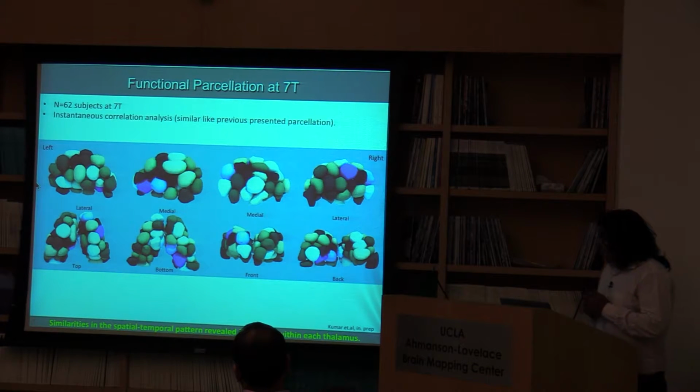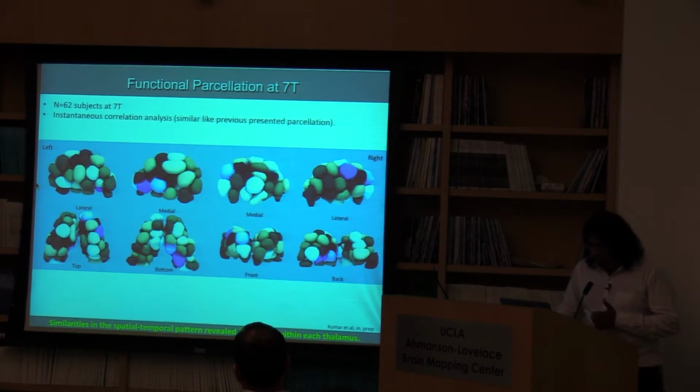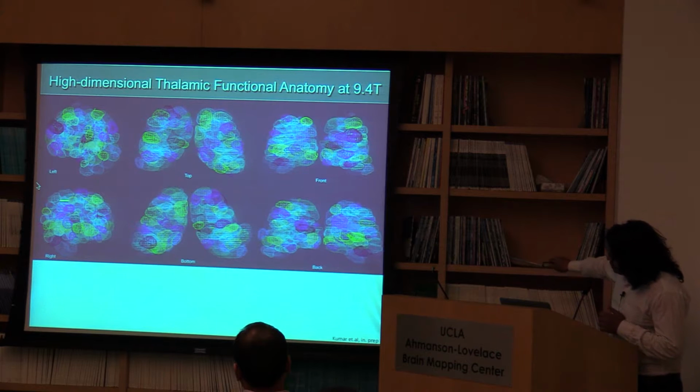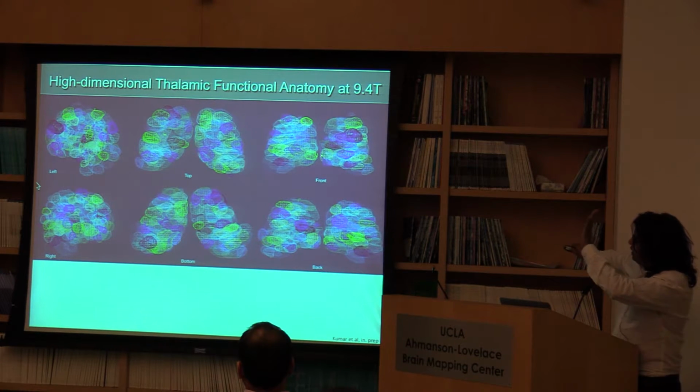The spatiotemporal similarities revealed 38 parcels within each thalamus. And at 9.4T, the spatiotemporal similarities revealed 83 right and 82 left parcels. So again, you have combined views: superior, inferior, anterior and posterior.